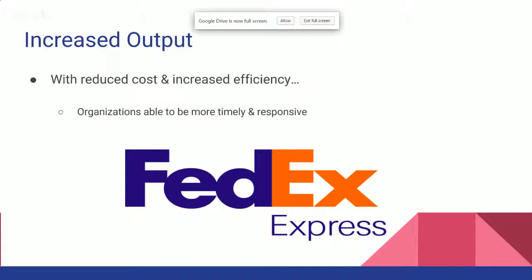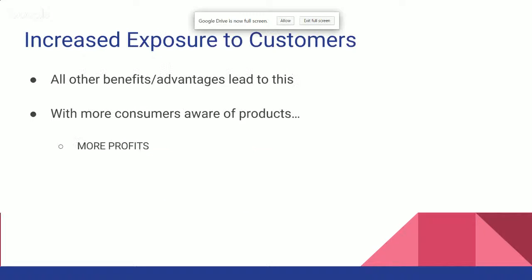An example of this would be FedEx Express. And then also with all of these factors, they play into the exposure to customers. All of these benefits lead into this, and with more customers aware of the products and the process that is involved in making the product and getting it out to the consumer, there is more profits in turn.